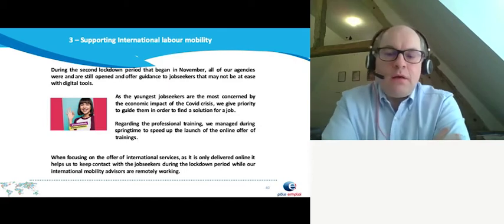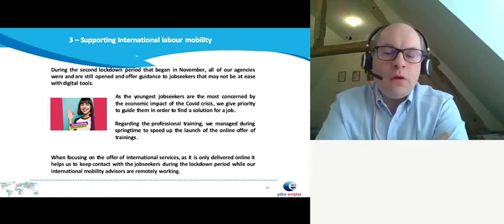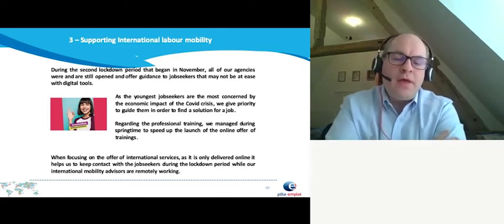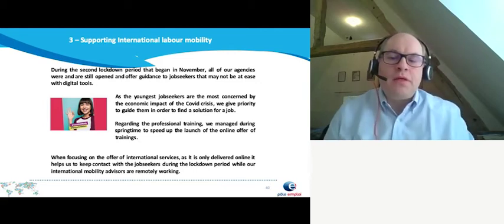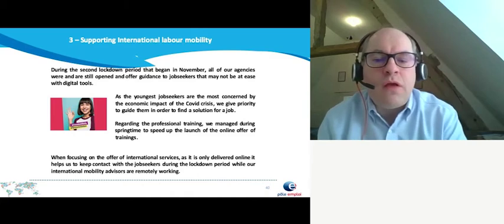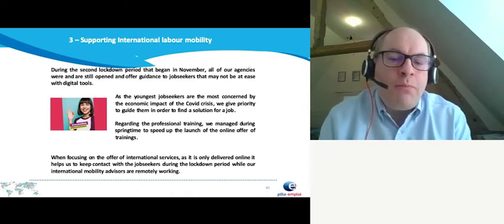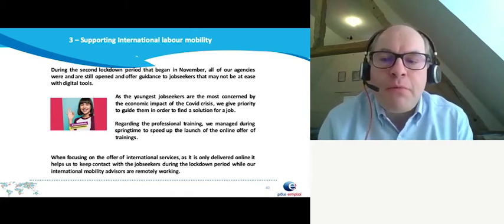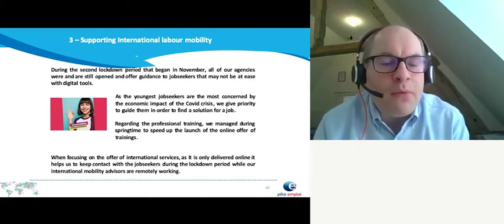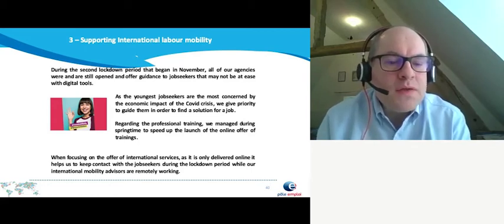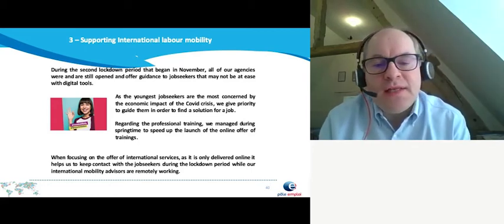So professional training is also a means for us and a lever in order to allow all job seekers who are in a difficult situation and who don't find employment currently to take advantage from this period and to get back to the right level that's necessary on the labor market currently.